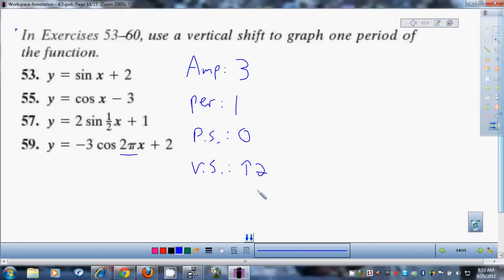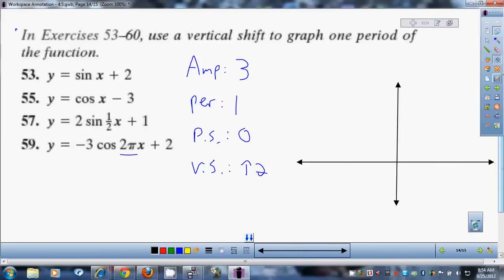Here we go. All right. Make your axes. I know I'm shifting up, so I'm going to make my axis way down here. Now, like you said earlier, instead of being negative 3 to positive 3, we're shifting up 2 units. So our minimum is going to be negative 1, and our max is going to be positive 5.